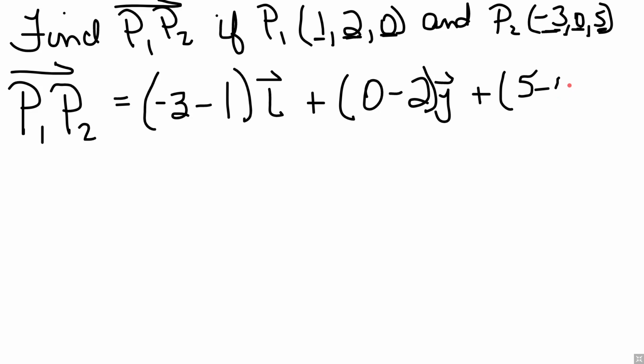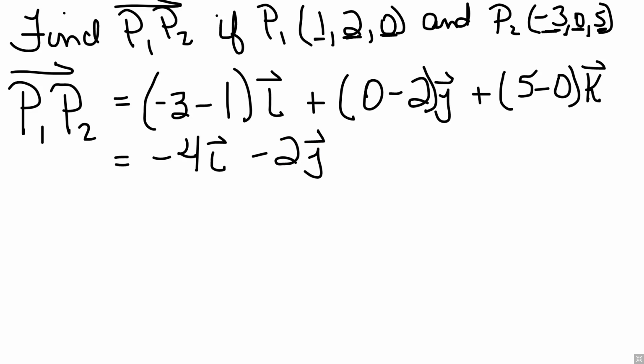So I'm going to have 5 minus 0 in the k direction. So essentially, to clean this up, it's going to be negative 4 in the i direction, minus 2 in the j direction, plus 5 in the k direction. Any questions?